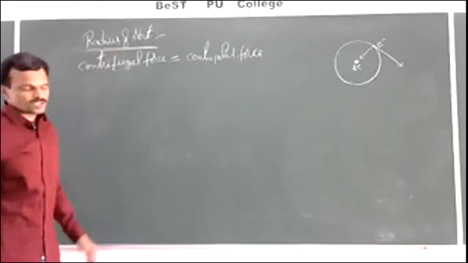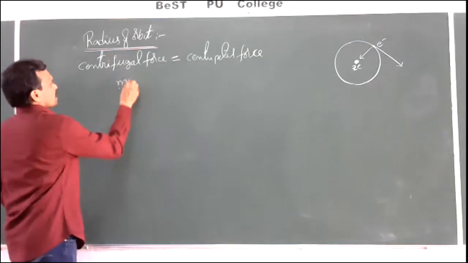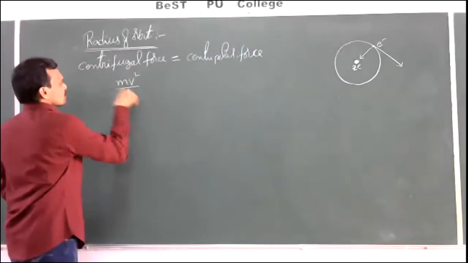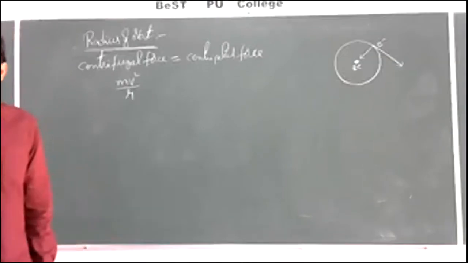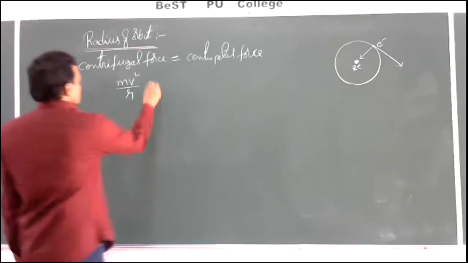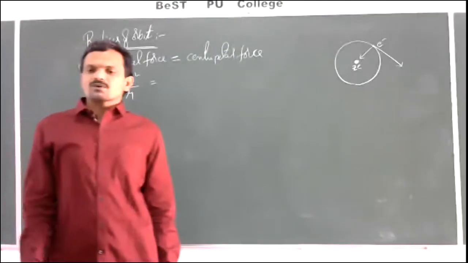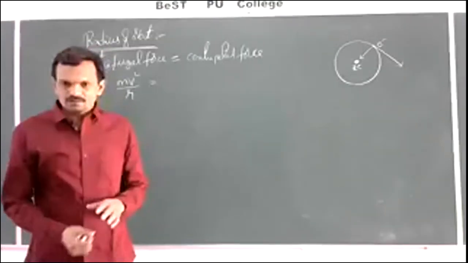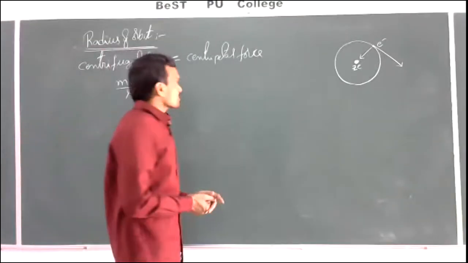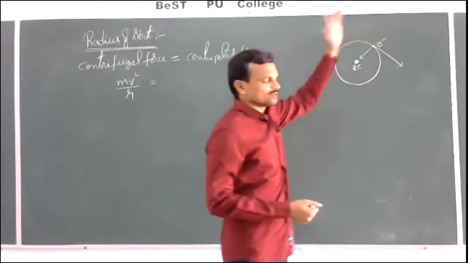What is the expression for centrifugal force? Centrifugal force is mv square by r, which must be equal to the centripetal force. Centripetal force is nothing but the Coulombic force of attraction between the nucleus and the revolving electron.